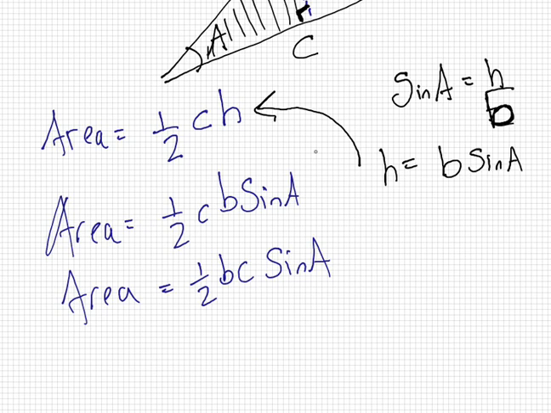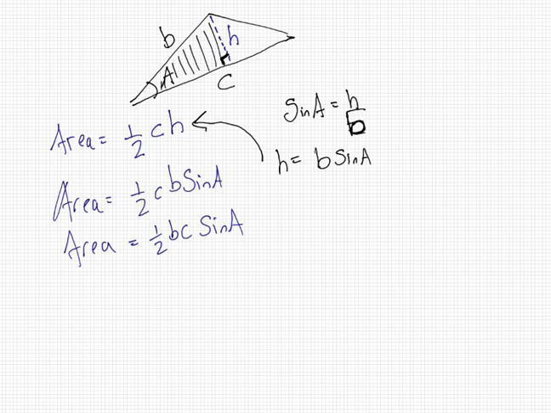Okay. Don't try to remember the formula like that. Instead, remember the formula like this. If you have a triangle and you know this side and the angle in between the sides. I'll say that again. You want the angle in between these two sides. So not that angle, this one.